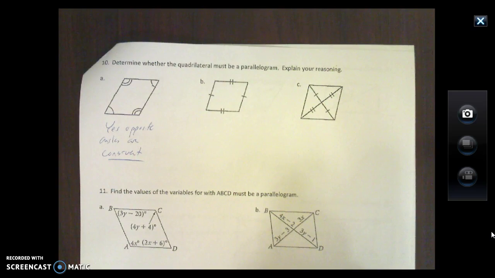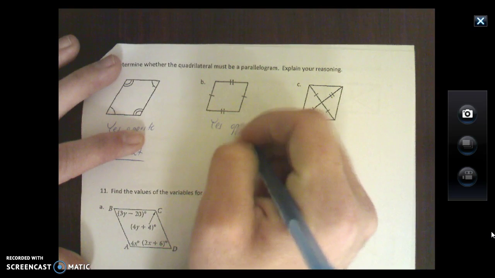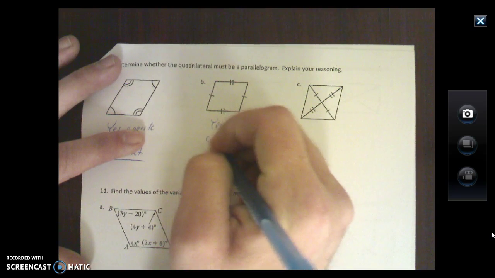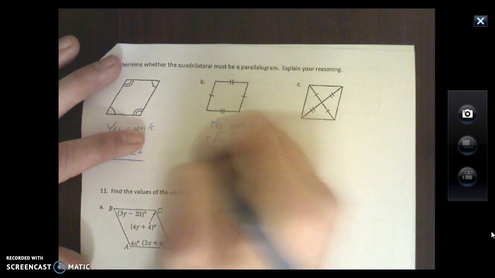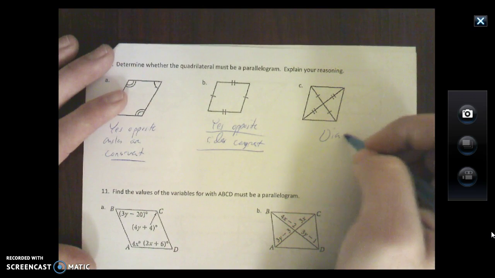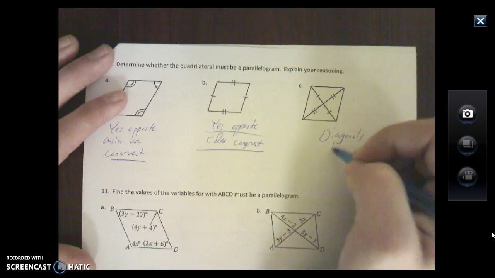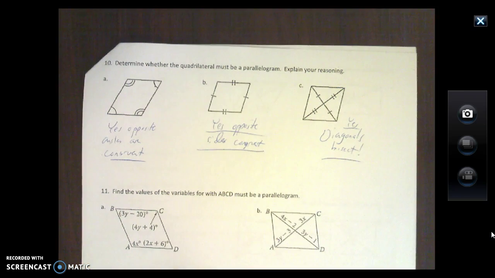This would be, we know, again, yes, opposite sides congruent. Okay. And lastly, diagonals bisect. So, diagonals bisect. That's a yes. Okay.